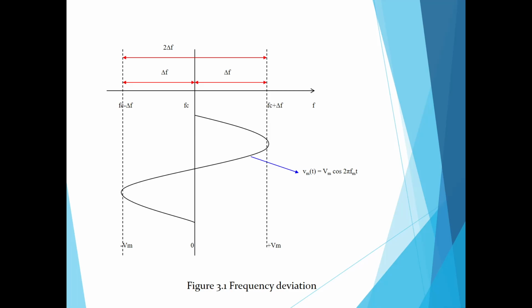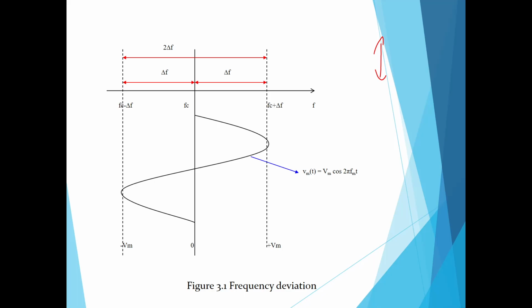If you remember what happened in amplitude modulation, the amplitude of the carrier changes up and down. But in FM and PM, the amplitude is not changed. Only the frequency or phase will change in accordance with the input.